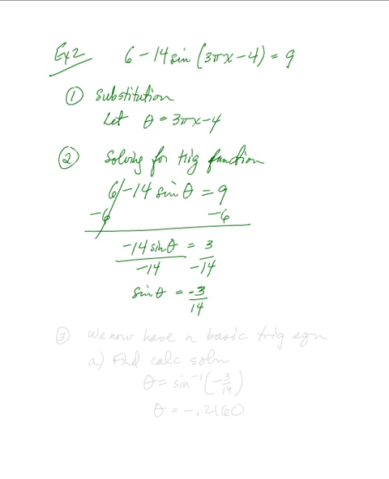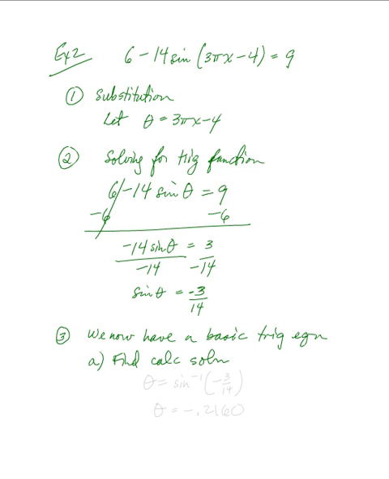Alright, so now you're here. This is a basic trig equation. So now you want to work with your basic trig equation. And the first part you want to do then is find the calculator solution.